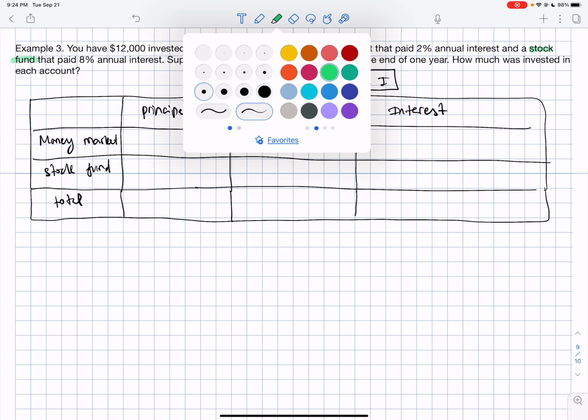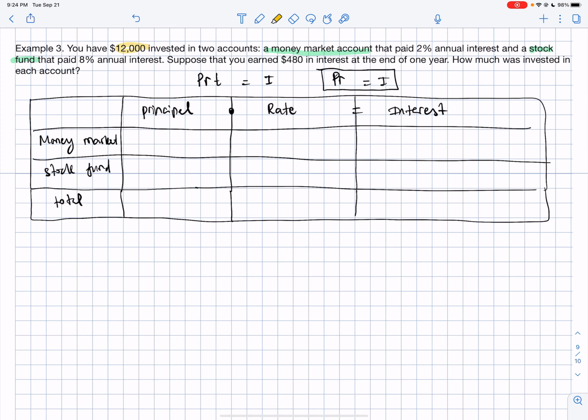What we have is 12,000. That is the total money in both accounts, the money from the beginning. We have 2% for the money market account and 8% for the stock fund. So it's a rate, 2% and 8%.